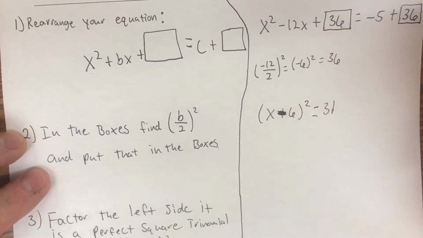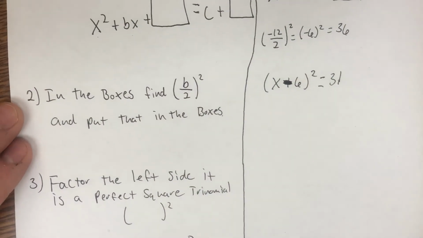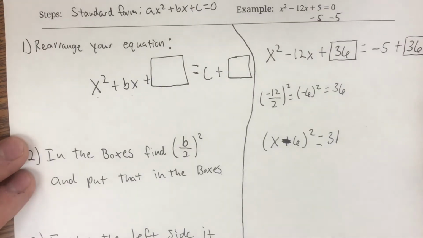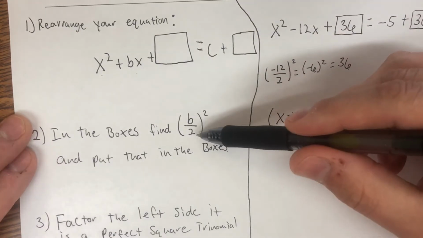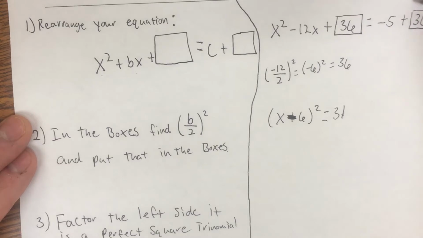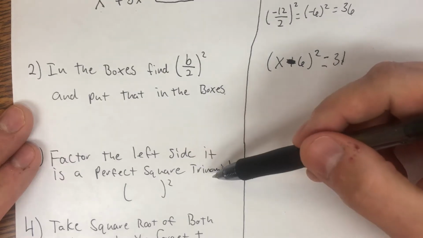Double it, that's our middle term. So we factored it in the form of the perfect square trinomial. That was step 3. So recapping, going back: first, rearranged. Step 2, we found b over 2, squared it, put it in the box, added it on both sides, and then we factored the perfect square trinomial.